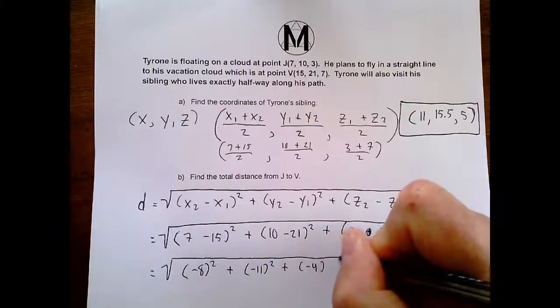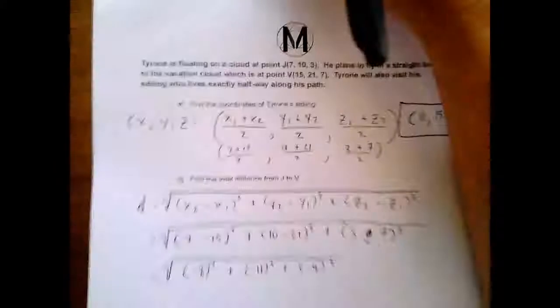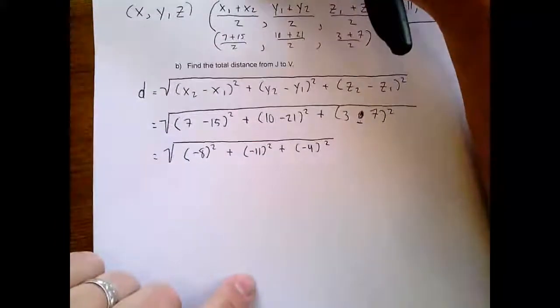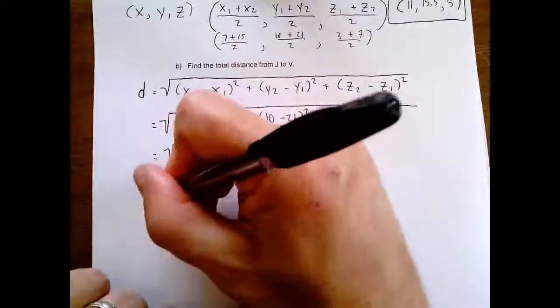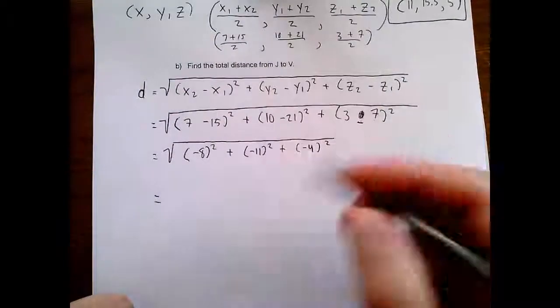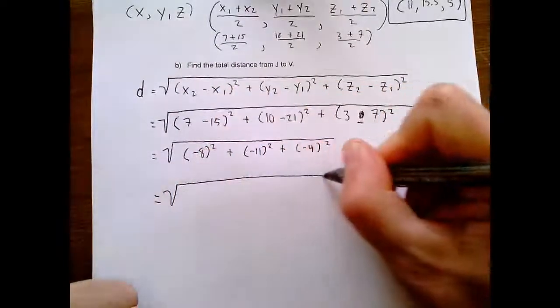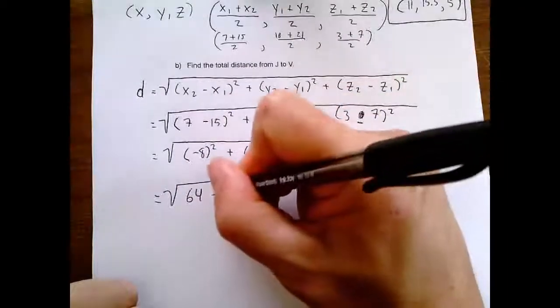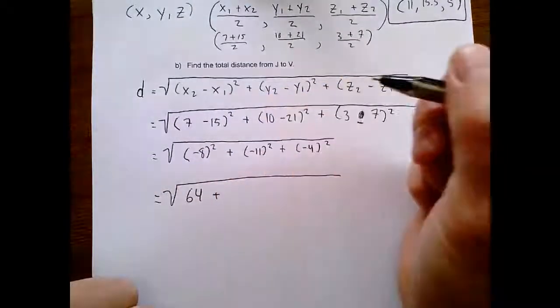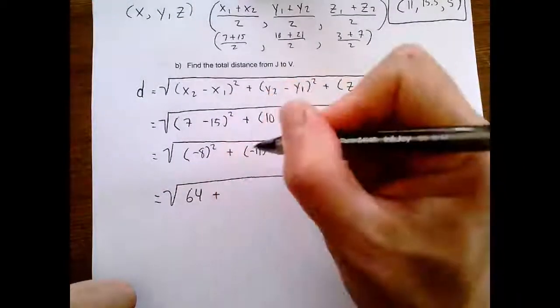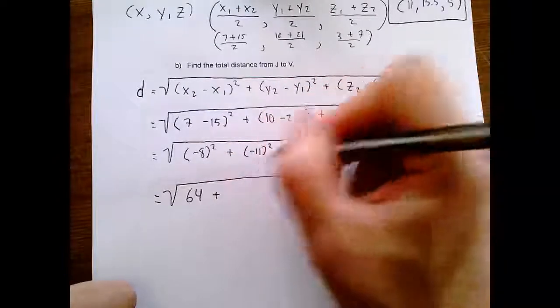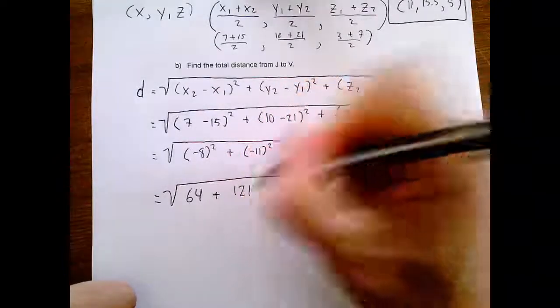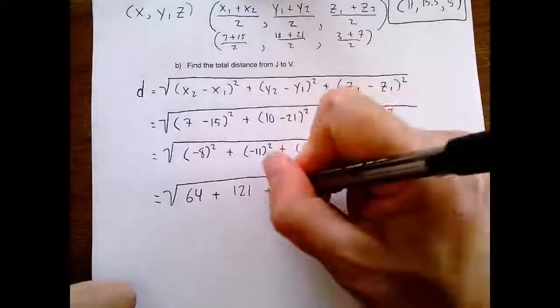Let's square that. All right, let me come on down a little bit. Okay. So here we go. Negative 8 squared is 64, a positive 64, because a negative times a negative is a positive. Negative 11 squared is 121, because negative 11 times negative 11 is 121. And negative 4 squared is 16.